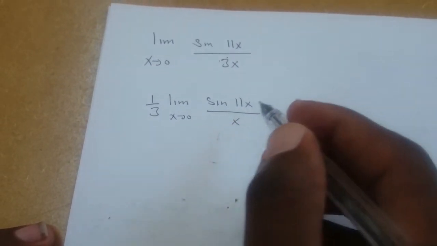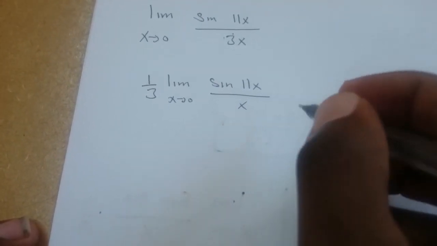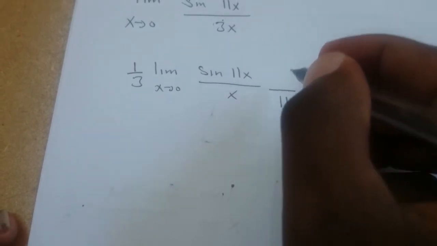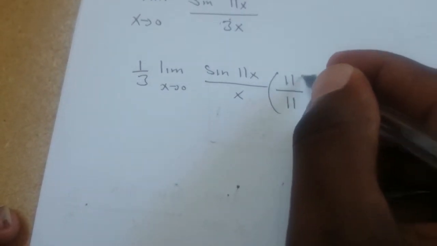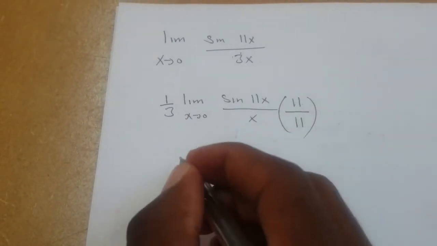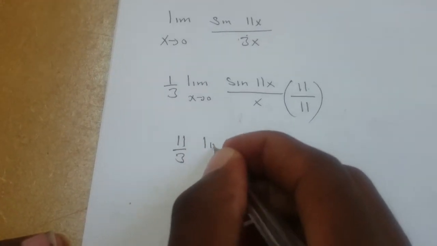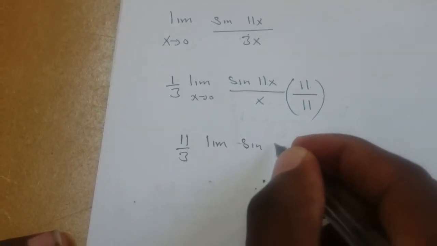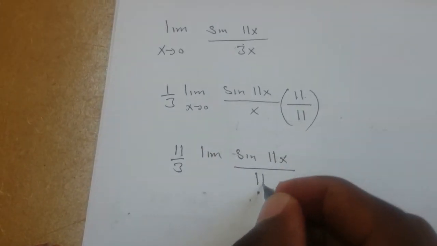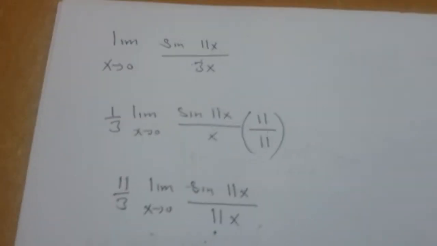We want to make this part look like that part, so we want an 11 here. To do that, we need to multiply the numerator by 11 and also the denominator by 11. Therefore, you are going to have 11 over 3 times the limit of sine 11x over 11x as x is approaching 0.